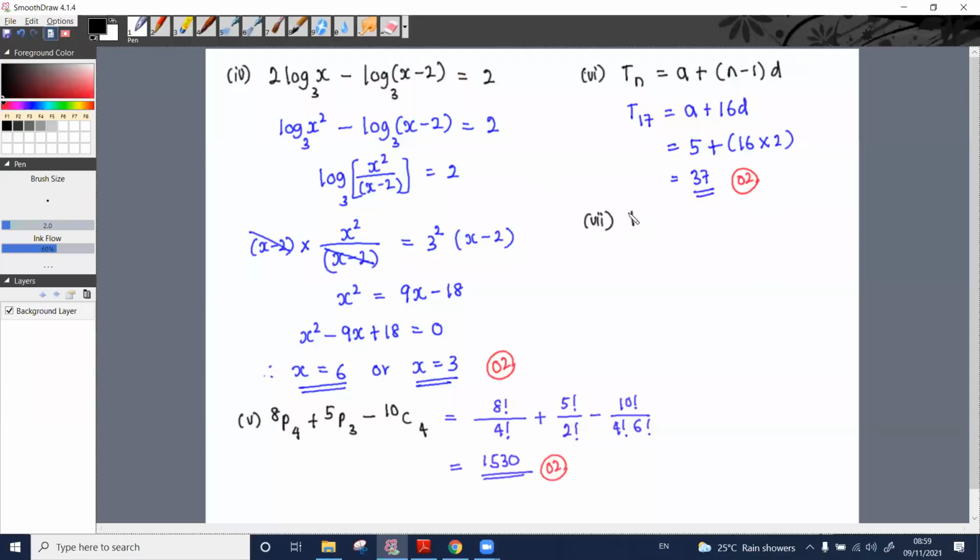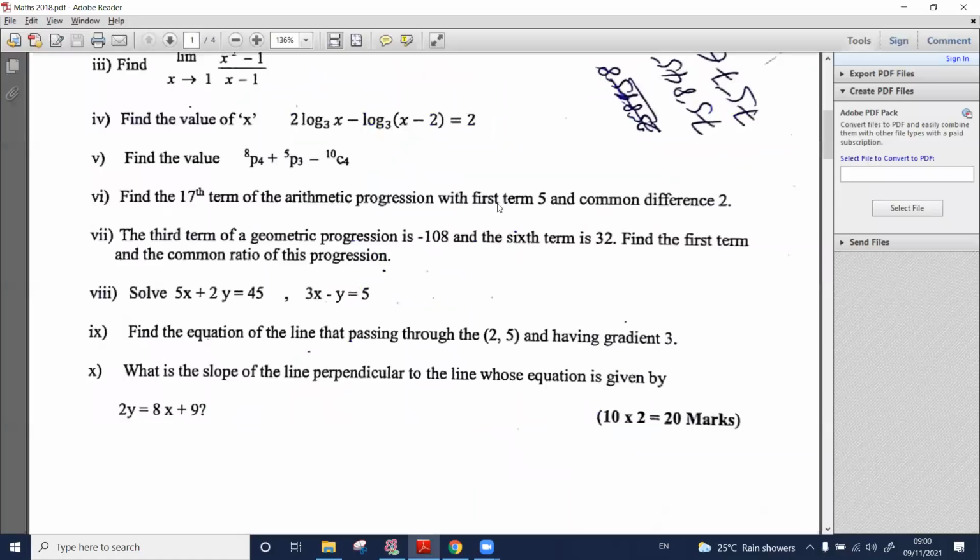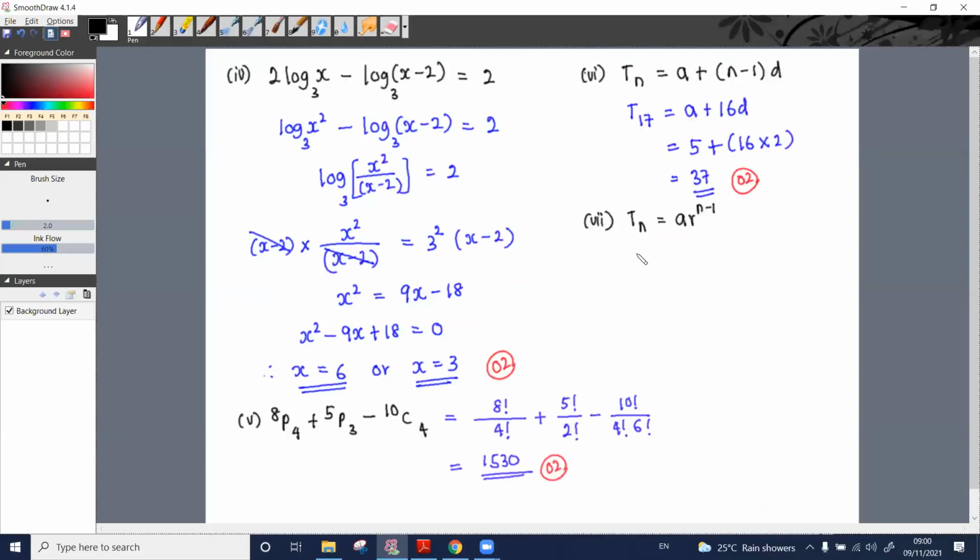How to find any given term in a geometric progression? Tn equals what? a into r to the power n minus 1. Here they have given us the value of the third term, that is minus 108.